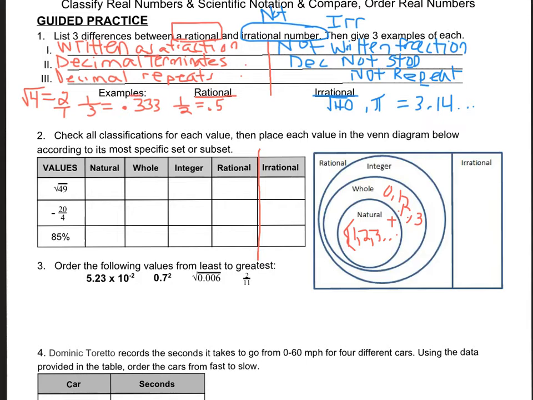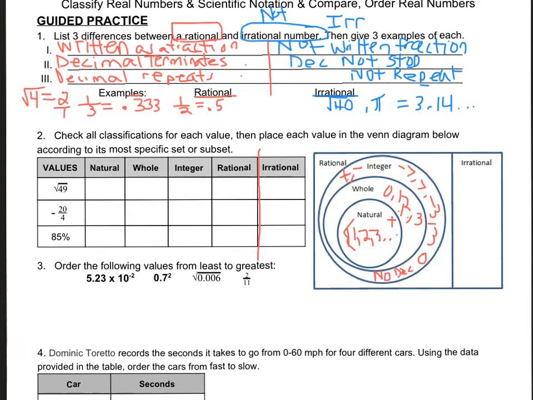Integers you learned in middle school. You learned about negative values and their opposites. Here's -3, +3. And they also include the whole numbers and natural numbers. But specifically, they're positive and negative, and there's no decimal values involved. You can't have -2.5.